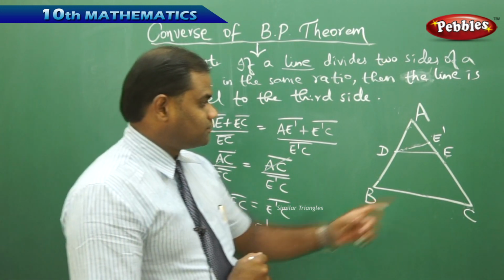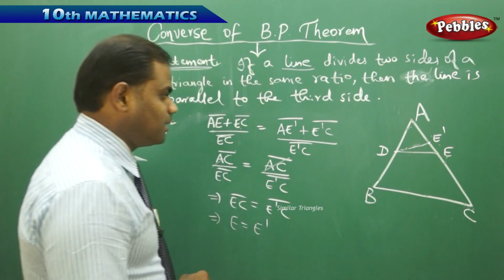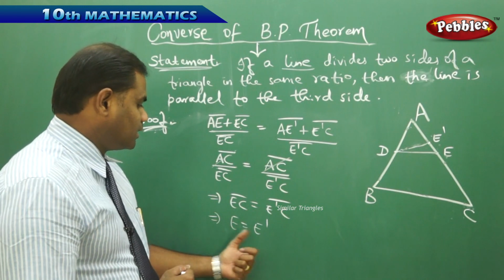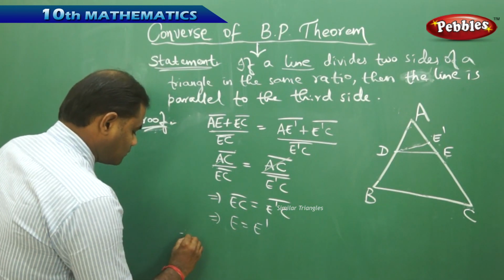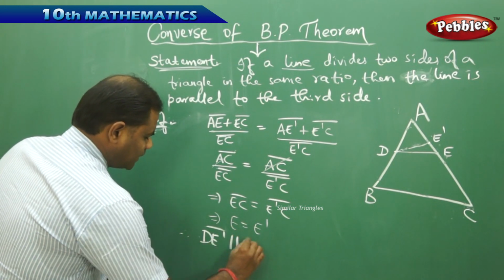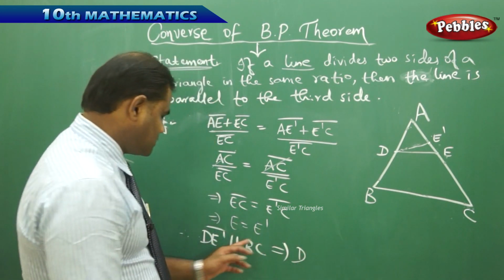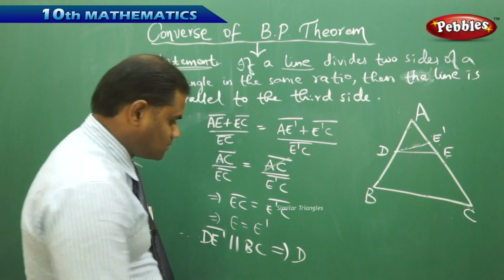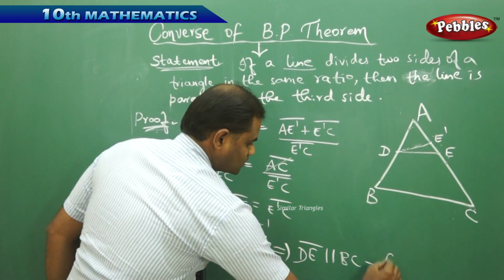Then what happens if E is E dash? We have assumed that DE dash is parallel to BC, therefore DE must be parallel to BC. DE dash parallel to BC implies that my E dash, which is equal to E, is finally where DE is parallel to BC.